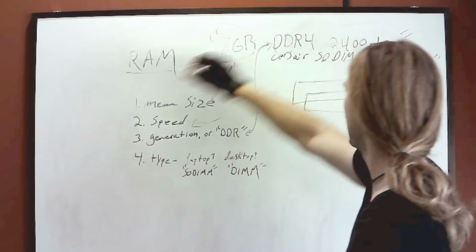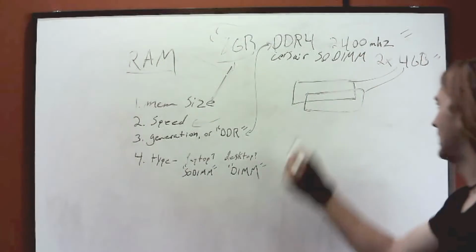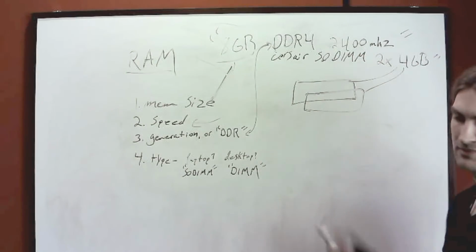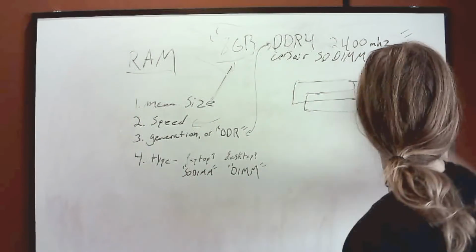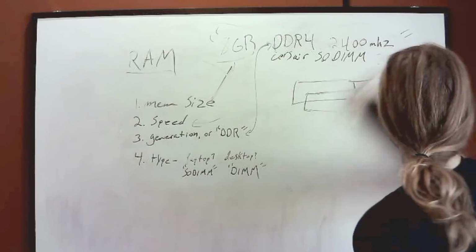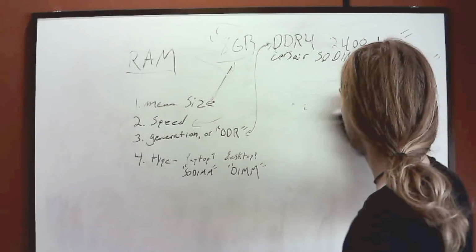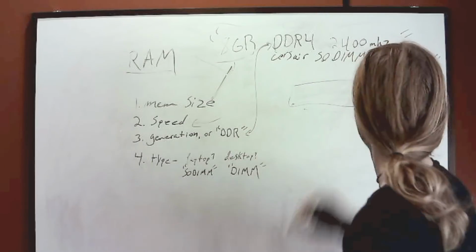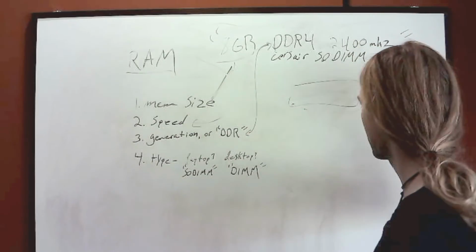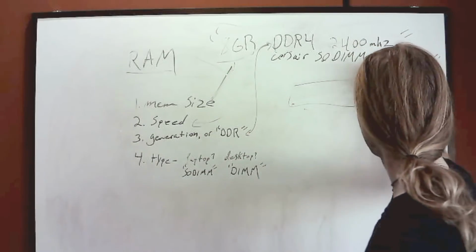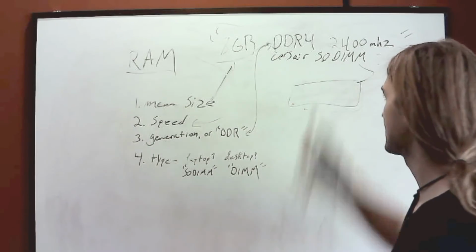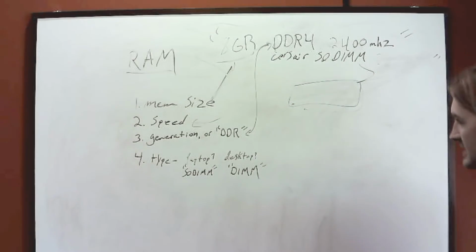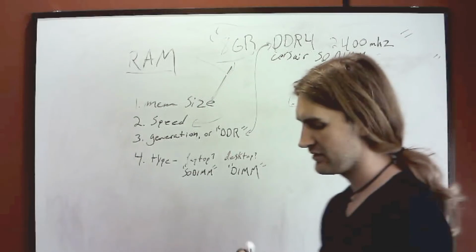So the listing is for 8 gigabytes of RAM, but there are 2 sticks. 2x 4 GB equals 8. If you don't see 2x or 3x or whatever, that's just referring to 1 stick of 8 GB. So that's what a listing will look like, and that's kind of how to plug it into your system and what matters there.